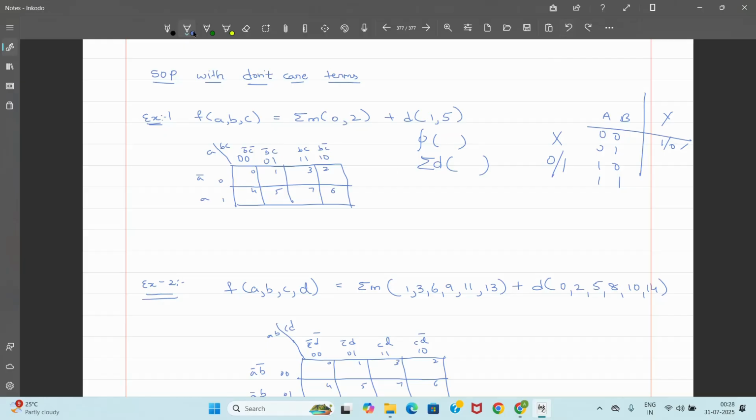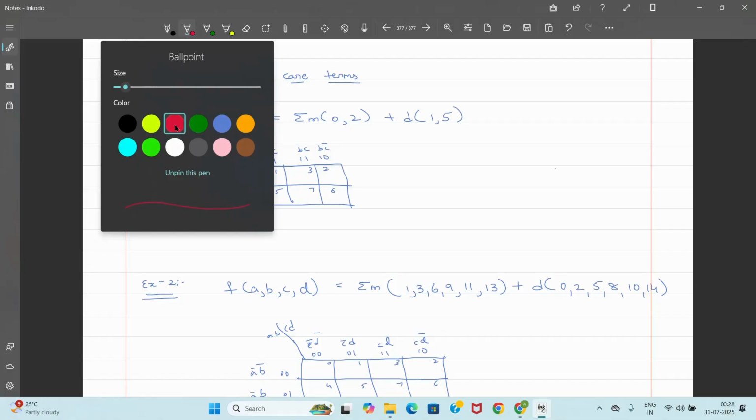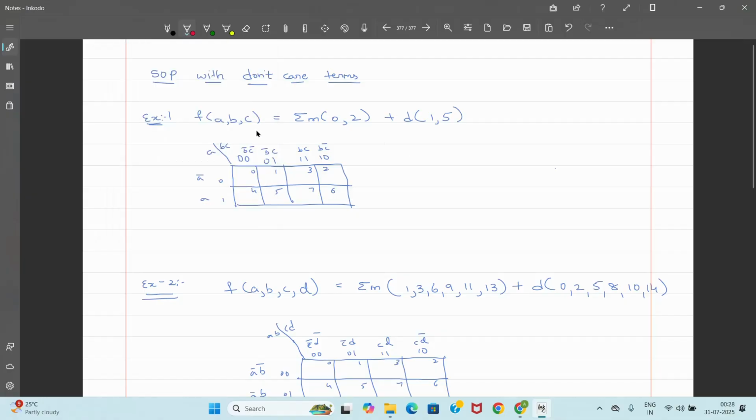So here in this example, they've given us three variables, F of A comma B comma C, where the min terms are 0 comma 2 with don't care terms 1 comma 5.